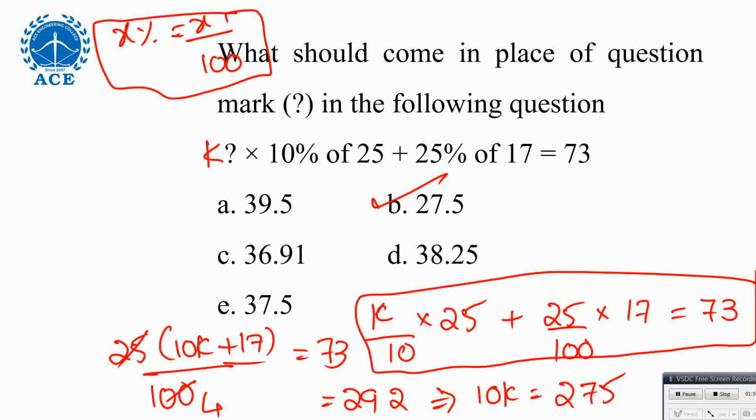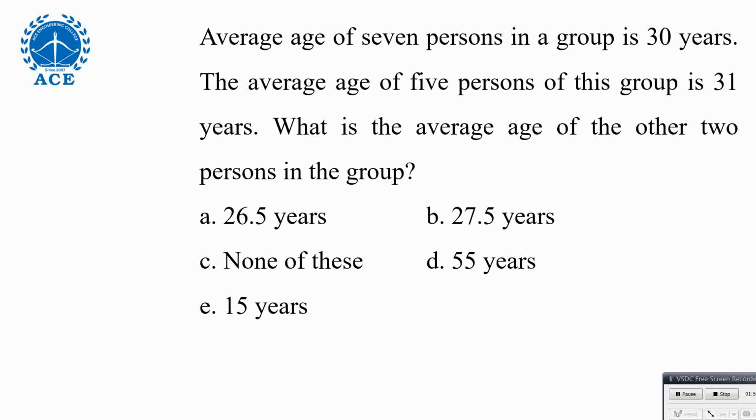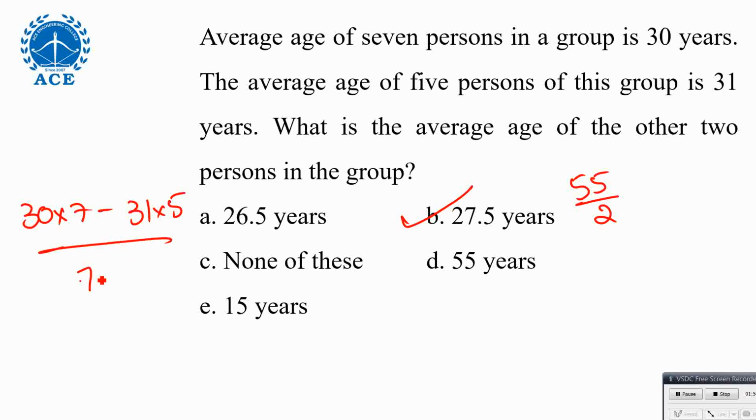We have to simplify that equation and identify that missing number, missing term. This one, average of 27.5, 55 divided by 30 into 7 minus 31 into 5 divided by 7 minus 5. Same question.